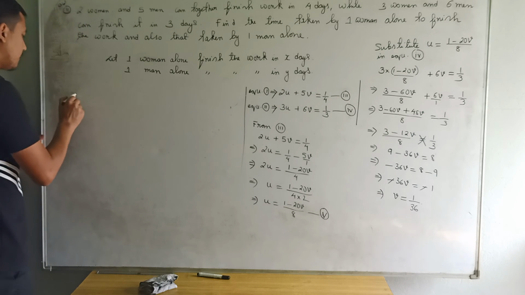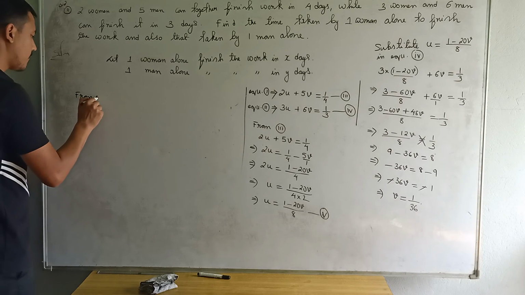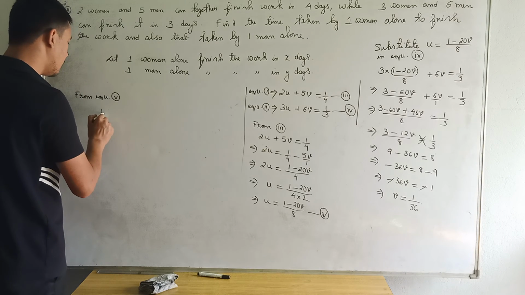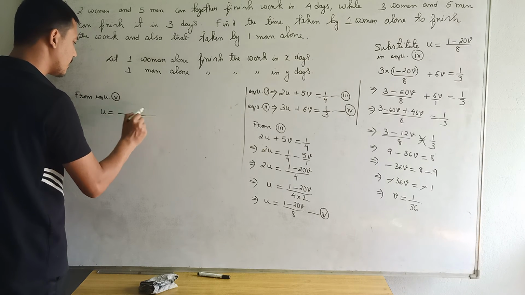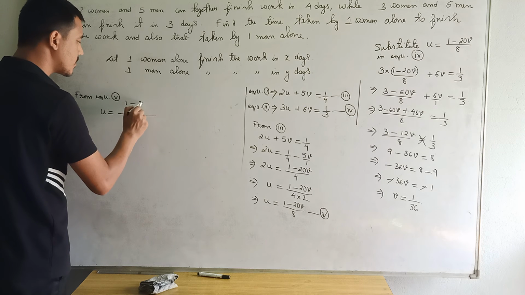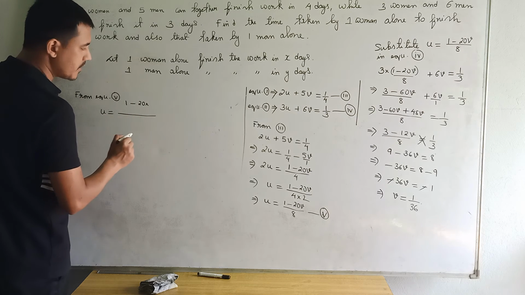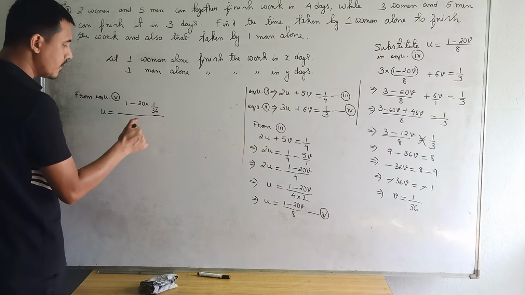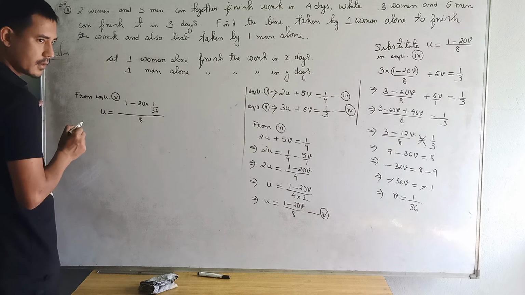Now from equation 5, what is your equation 5? u is equal to 1 minus 20 times v, divided by 8, where v is 1 upon 36, right?